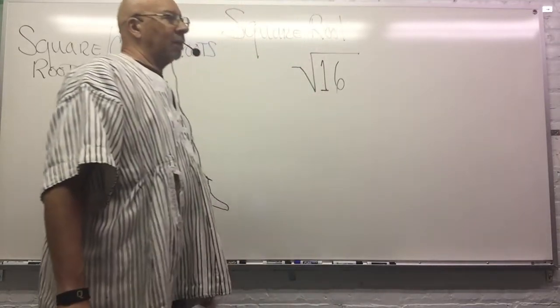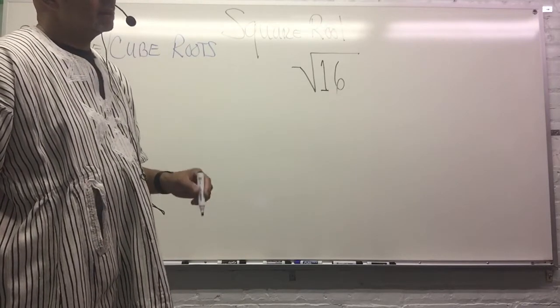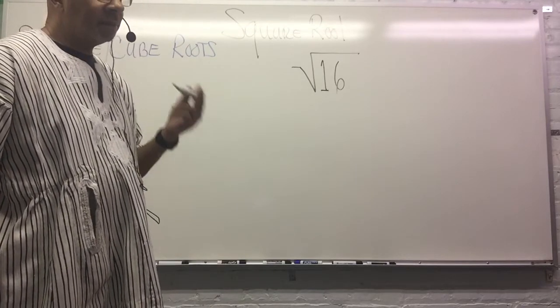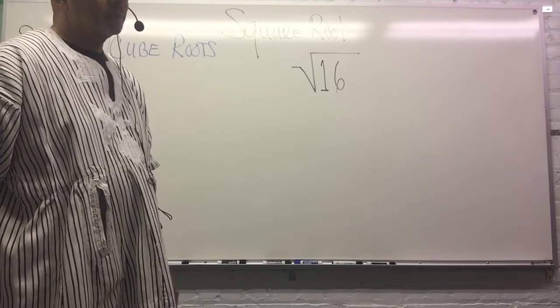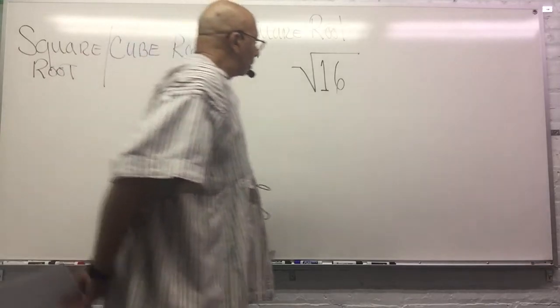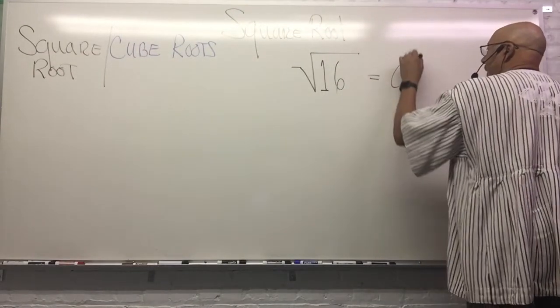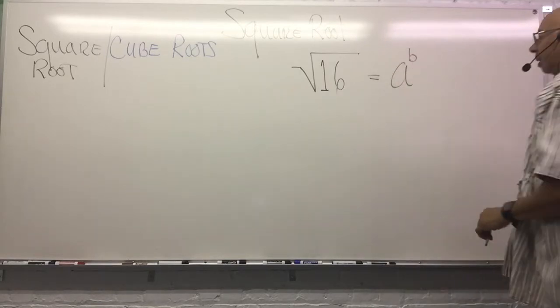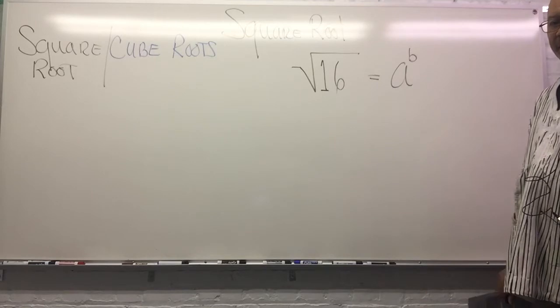So now what does that mean? That means I'm thinking of what number multiplied by itself, or used as a factor 2 times, will equal 16. So another way to think of this is I'm trying to figure out what the a and b, the exponent and base number, would be to make 16.